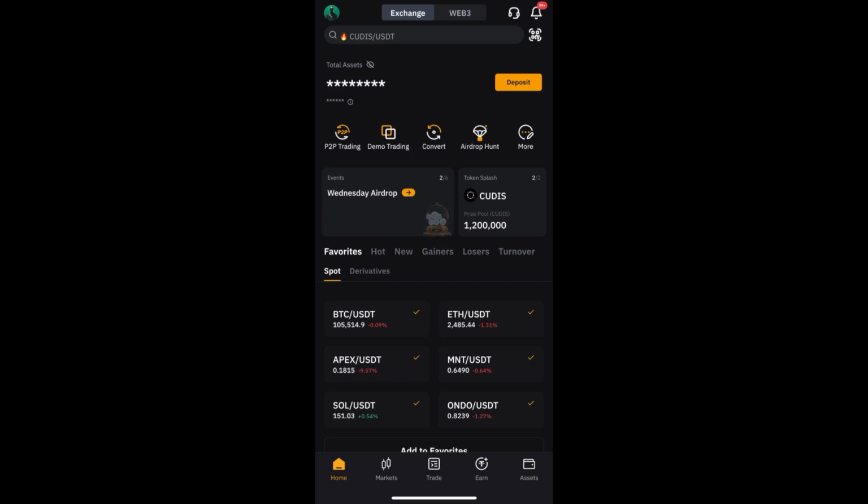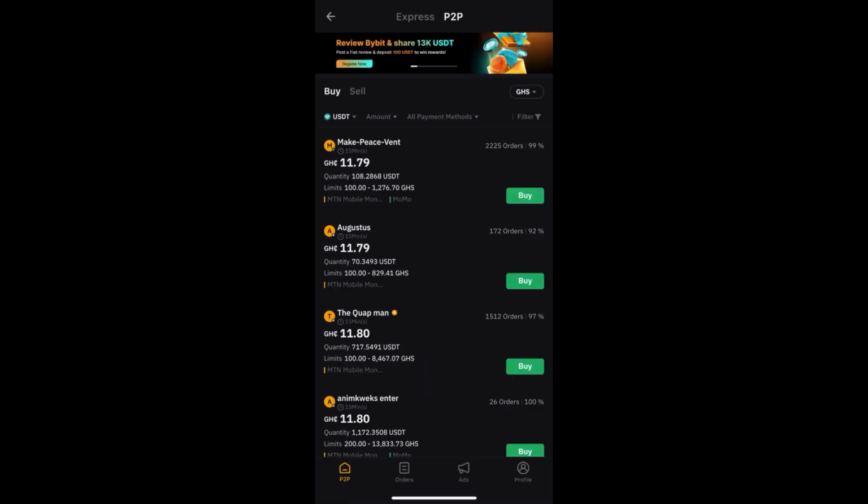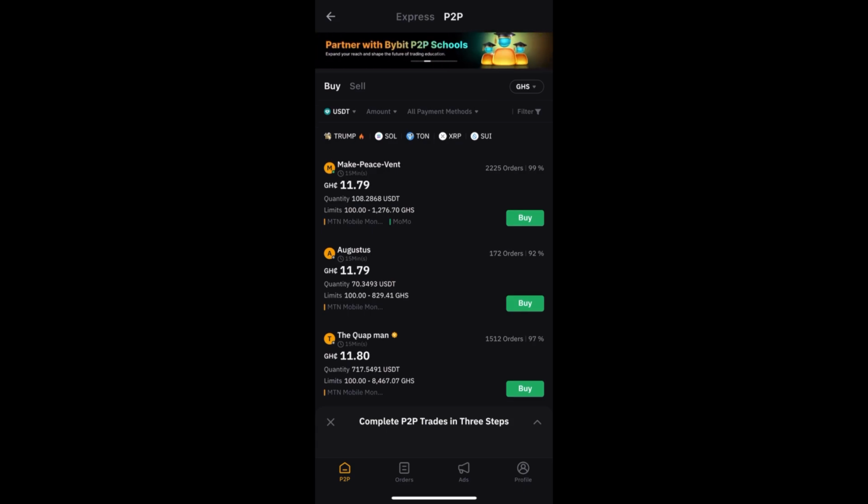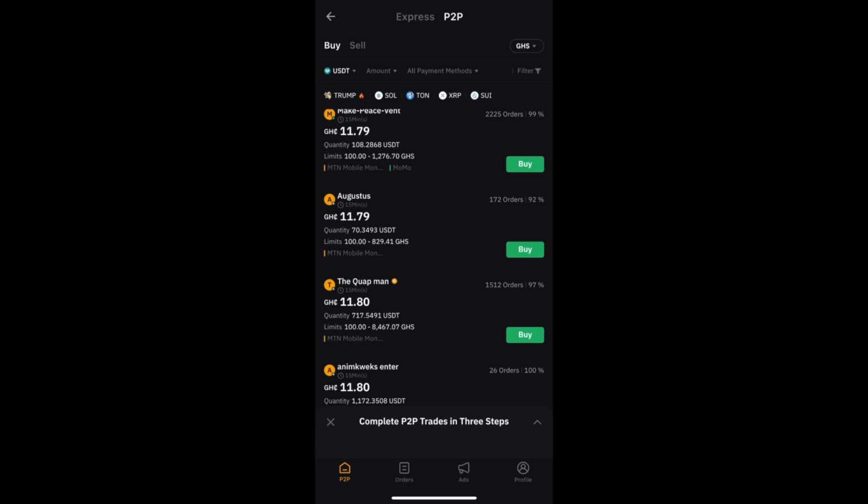So go to the P2P, create ads and be a merchant on Bybit in a buy section or a sell section, and you can be verified by Bybit. It means that they will pay you as well, and you'll also be making commission on the platform.